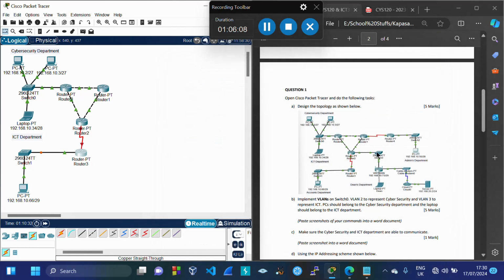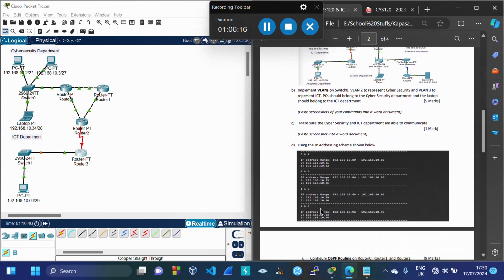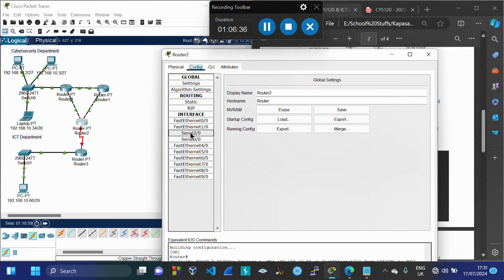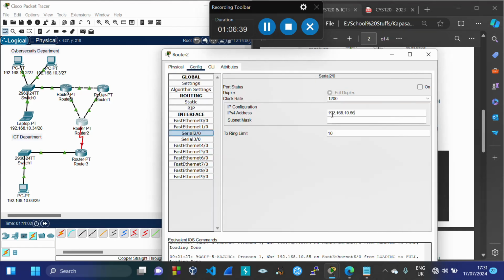Now I need to see the subnetting between router 2 and router 3 so that I give them IP addresses. Between 2 and 3, router 2 is .93. Remember this is serial 2, I'll go under serial 2 and put 93 for router 2. So I'll click on router 2, then under config we go to serial 2, then we put 93, and it's 252 because these are routers.